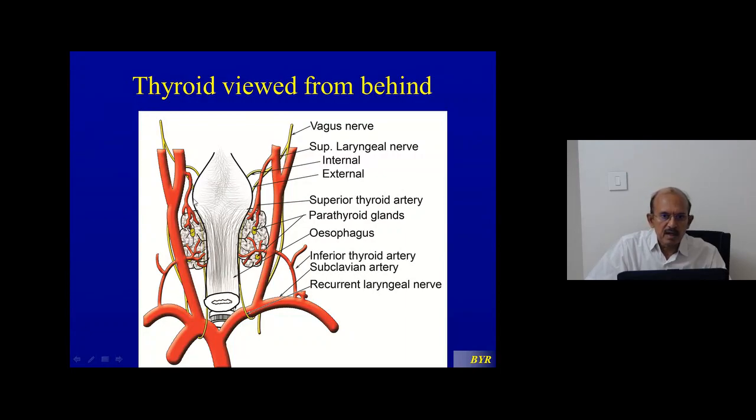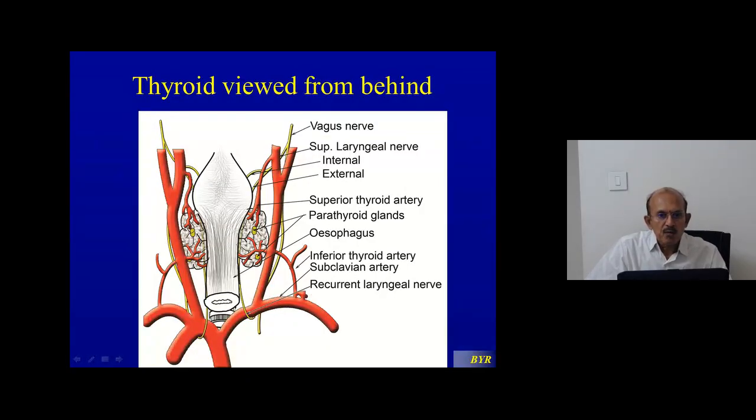It accompanies the superior thyroid artery and supplies the cricothyroid muscle. And this descends down like this and passes in front of the subclavian artery into the thoracic cavity. And here is the recurrent laryngeal nerve passing like this.